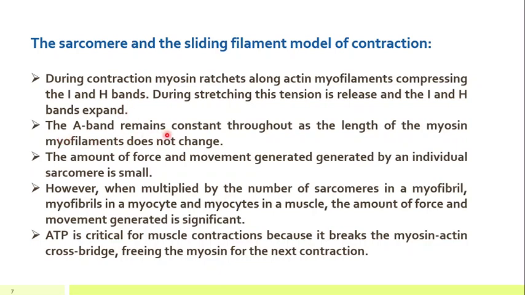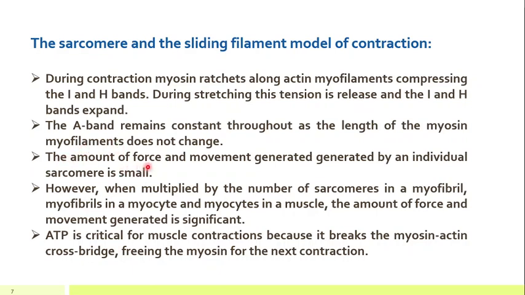The A band remains constant throughout, as the length of the myosin filaments does not change. The length of the A band remains as it is at the time of contraction and relaxation of muscles. This is an important point, and you should note it down.